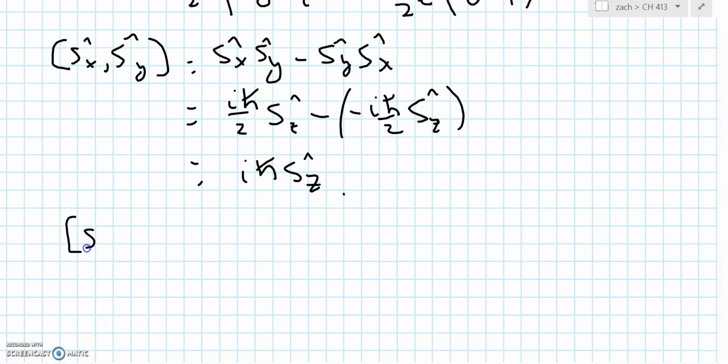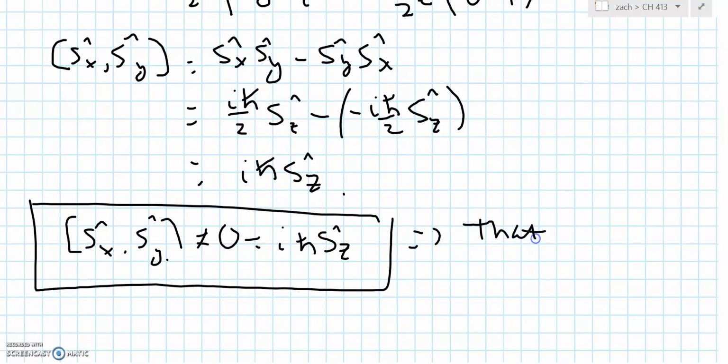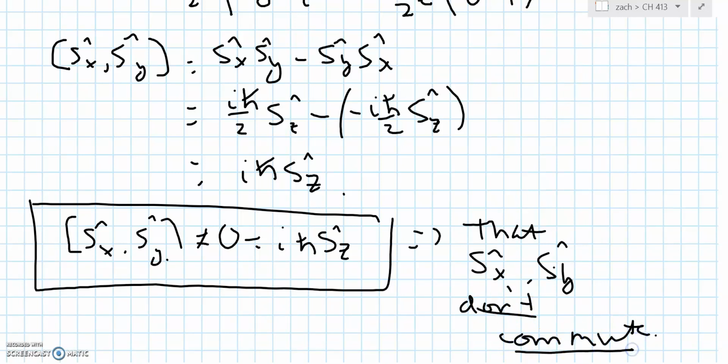So we found that the commutator between SX and SY is non-zero. In other words, it's equal to I H bar SZ. So this implies that SX and SY don't commute, right? Because the commutator is non-zero. Whenever you're trying to determine if two elements commute, you're trying to show their commutator is non-zero, or 0 if they commute.